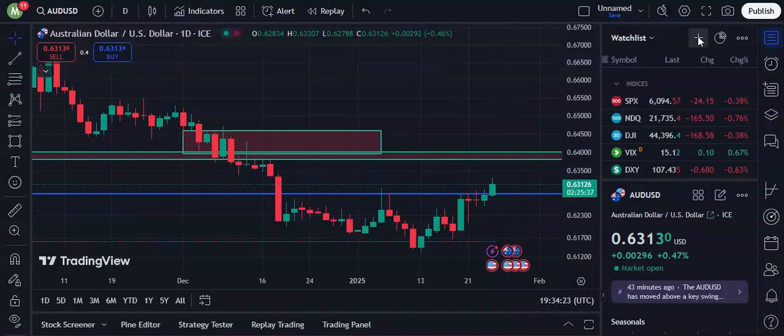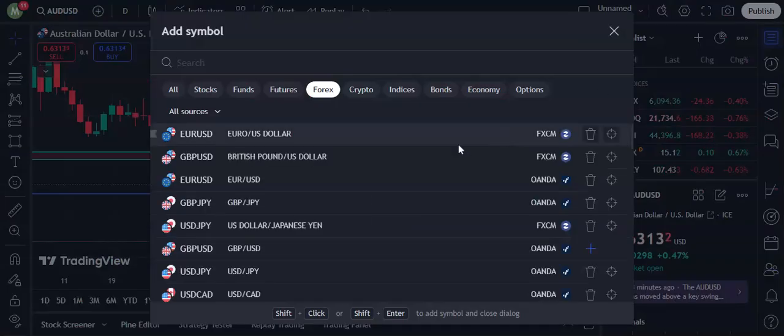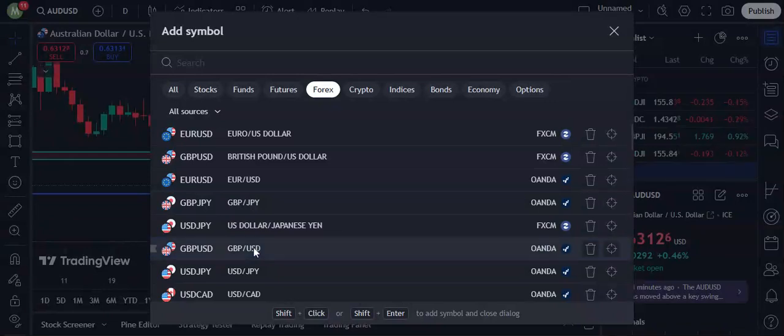And then I think we will have other pairs. We should look at this. Let's look at this trade first.